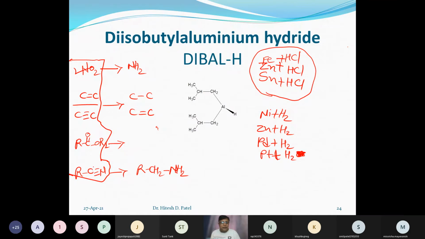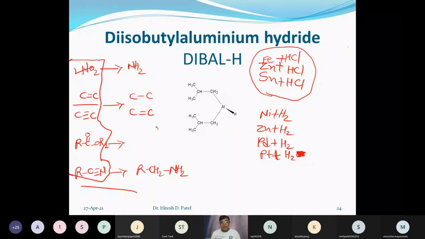And for other groups we require other types of reagent. We are not going to discuss all reduction reactions, but our aim is to understand what reduction is, which I have explained. Here we are going to carry out reduction using this reagent.